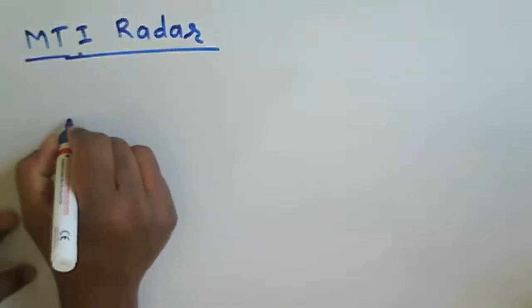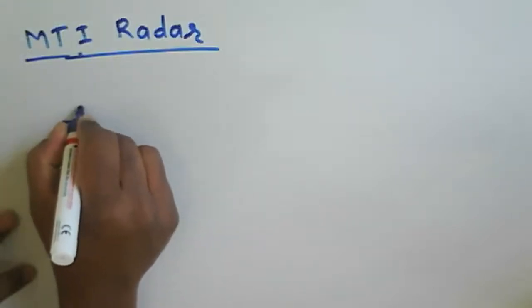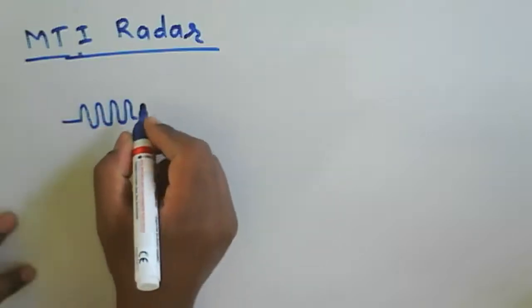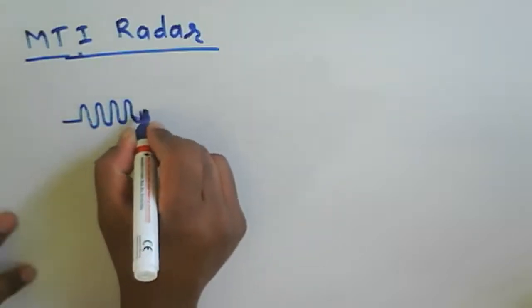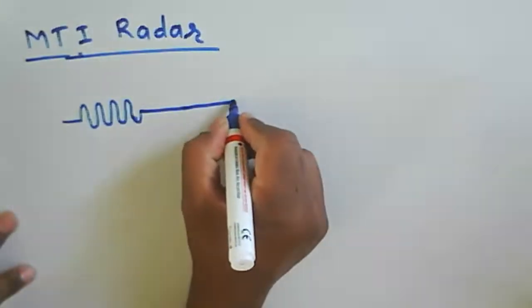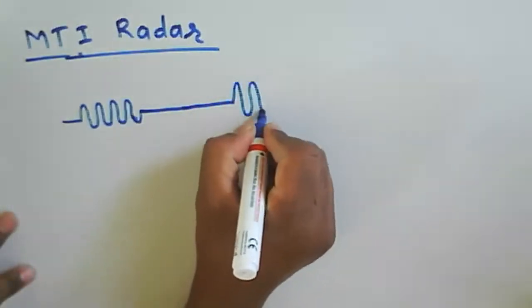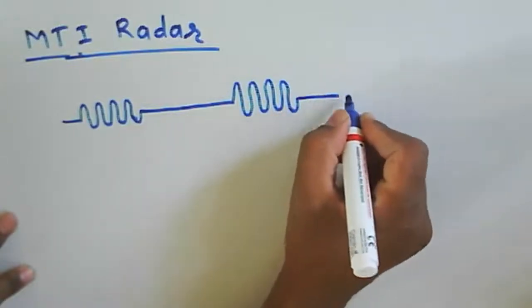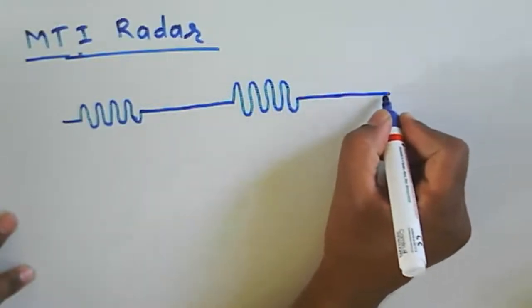So these are nothing but a train of pulses we are receiving, just like the on modulator we have seen earlier.